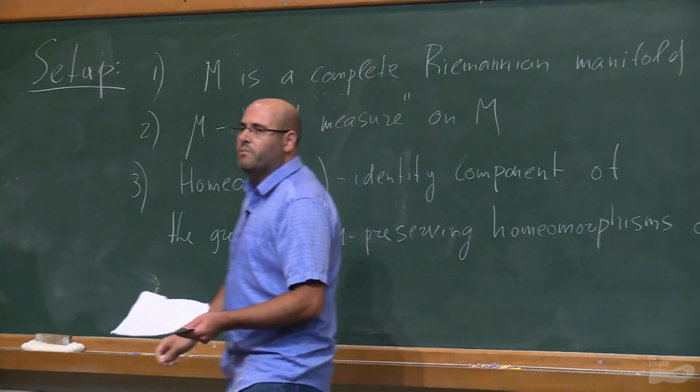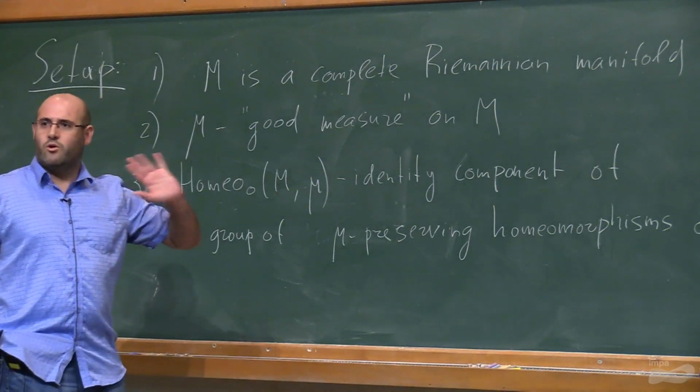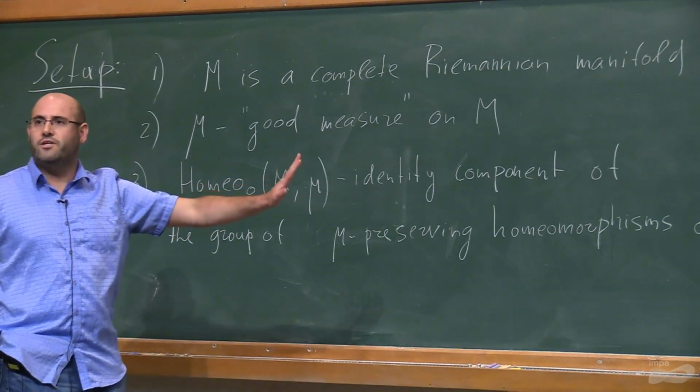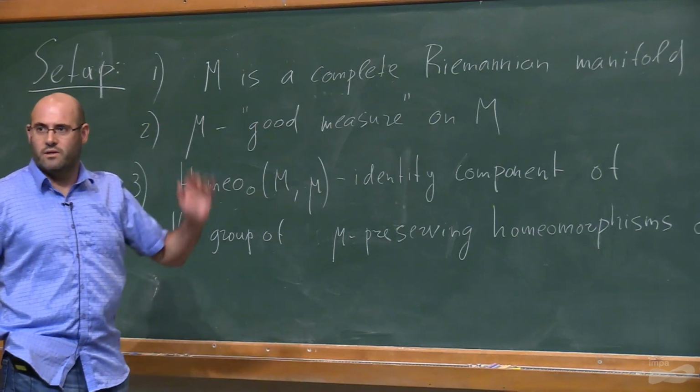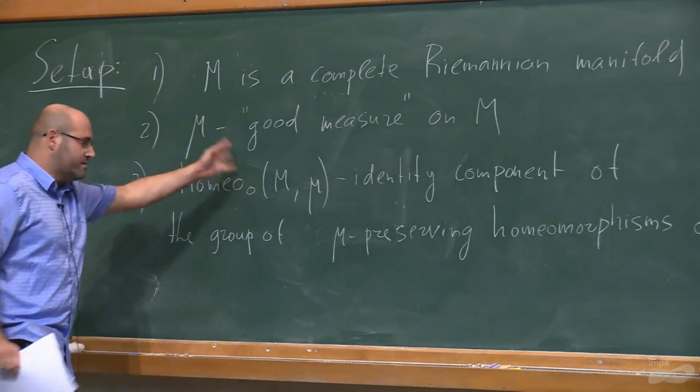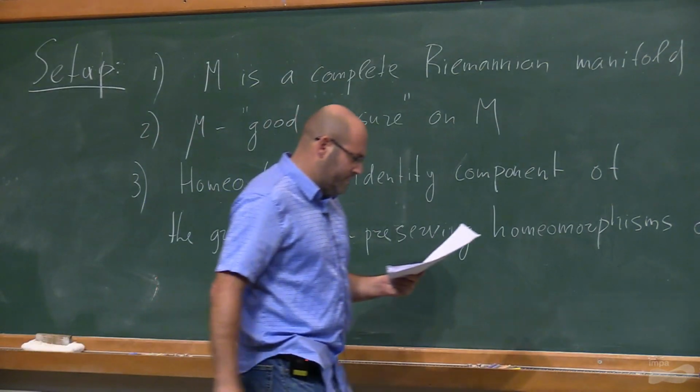If M is open, by the way, I'm going to talk only about compactly supported ones. So by definition, all my homeomorphisms are compactly supported. I will not write the letter C, just for not abusing the notation.